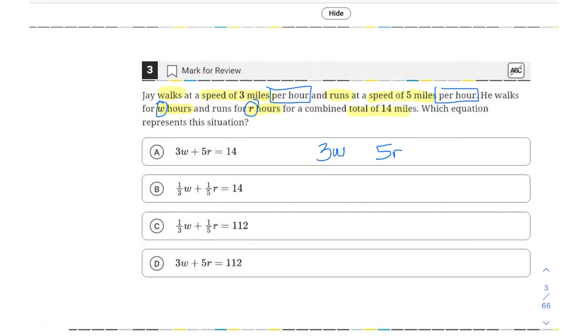So that would be 5 times R. And the combined total means we're adding those together and setting it equal to 14. And lo and behold, that's exactly what we see right here in answer choice A. So hopefully that's straightforward enough for us to pick that and move on.